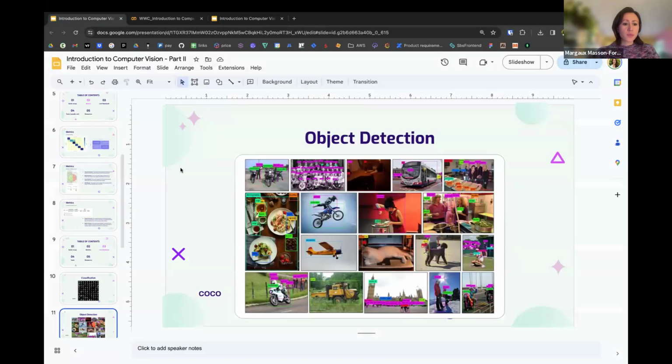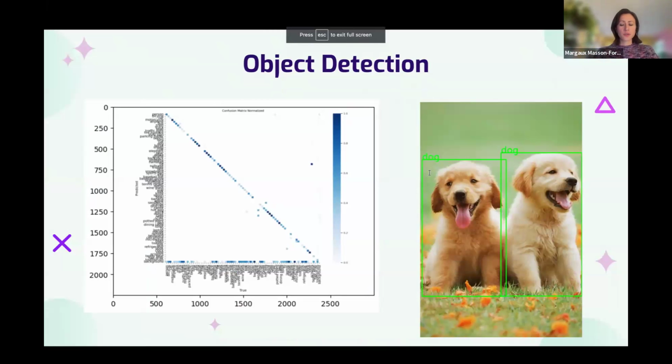So we've seen object detection now. Going back quickly to my slides. Again, we were able to detect and classify the 2 dogs on this image using the Ultralytics pre-trained object detection YOLO V8 model that we did fine-tune.